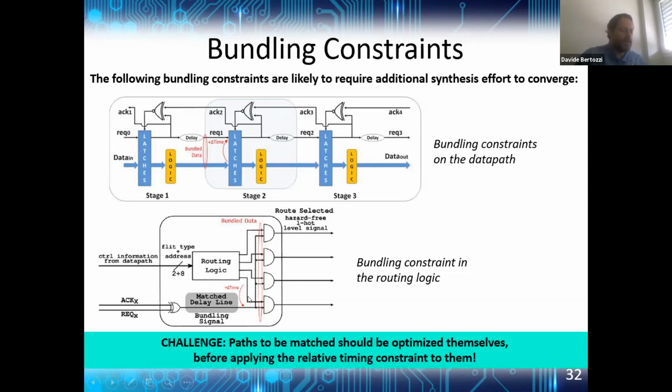So what is the challenge here? The challenge that we have here for the convergence of these relative timing constraints is that the signals to be matched, think about these data path lines, think about the routing computation signals, these baseline signals whose delay has to be matched, they should be optimized themselves.